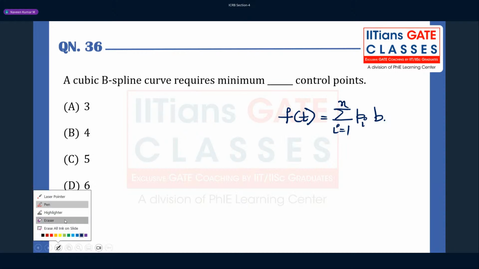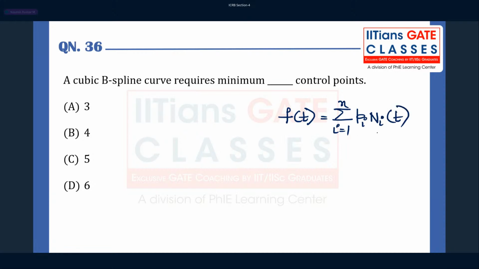I'll write N_i, because B_i is for the Bezier curve. It's a Bernstein polynomial. N_i is some kind of basis function, I can say. So it is defined by this.